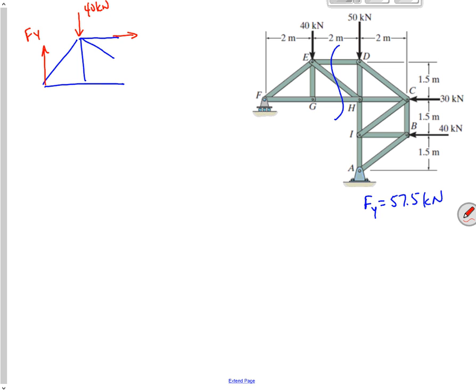So this one's going to be FED. This one's going to be FEH and FGH.